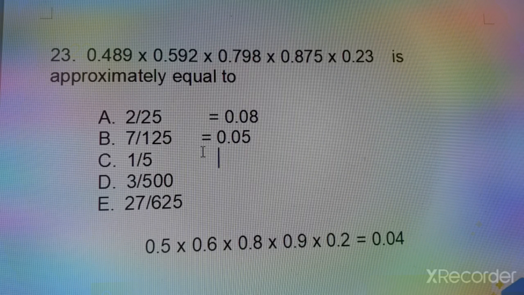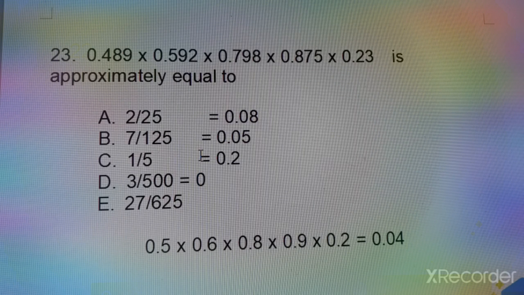For letter C, 1 over 5 is none. Add a decimal point. Add 0 to your 1, then 10 divided by 5 is 2. So 0.2. Now letter D, 3 over 500. 3 divided by 500 is none.